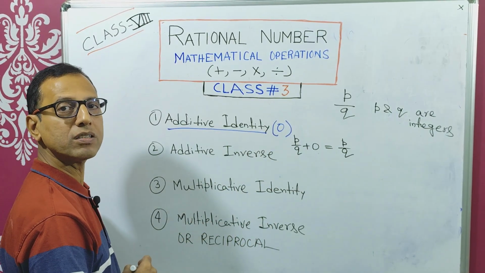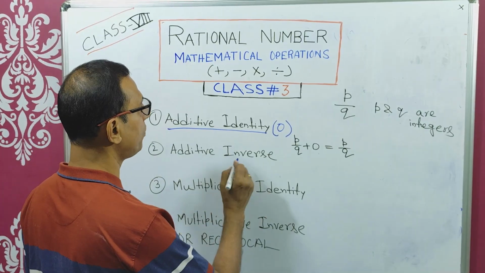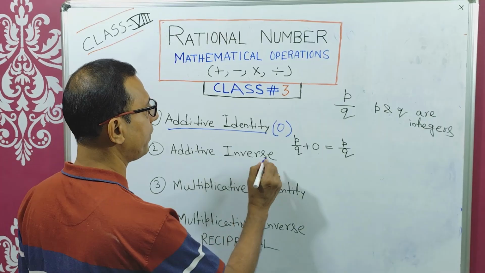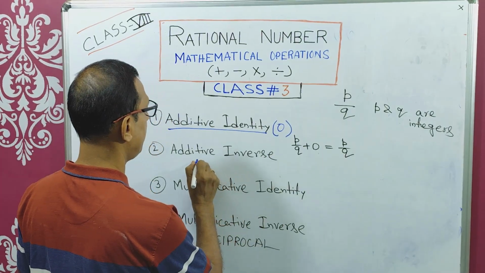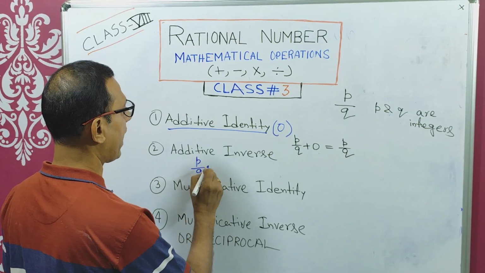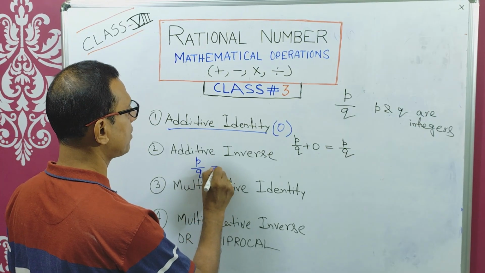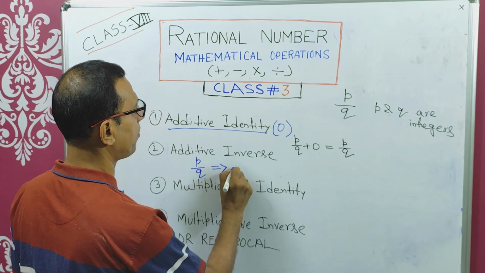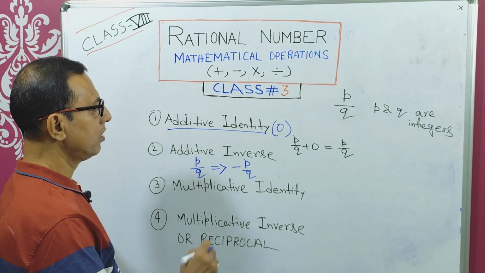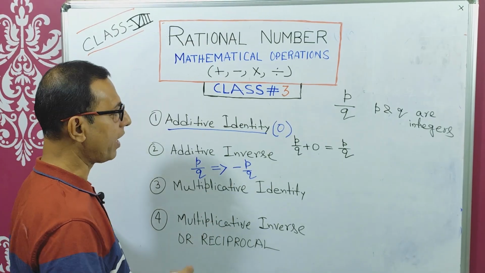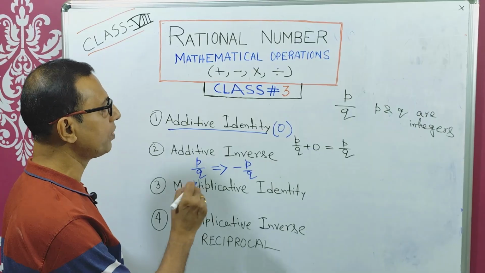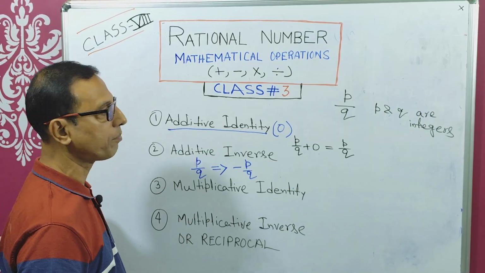What is additive inverse? Additive inverse means you need to multiply the rational number with -1. That means if P by Q is the rational number, the additive inverse of P by Q is minus P by Q. So if a rational number is given and you are asked to find the additive inverse, you need to multiply that rational number with -1.